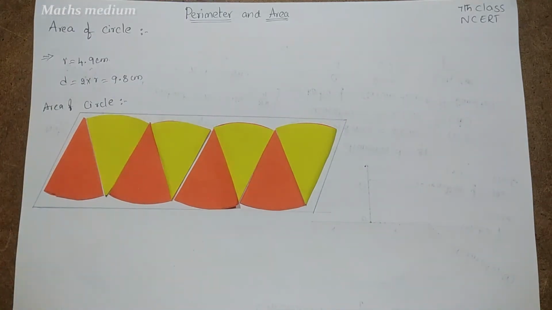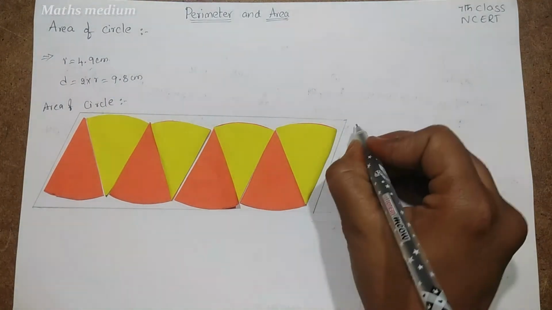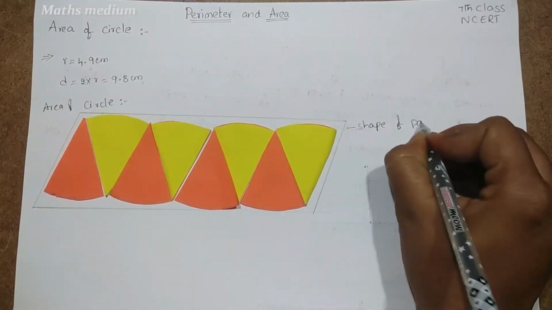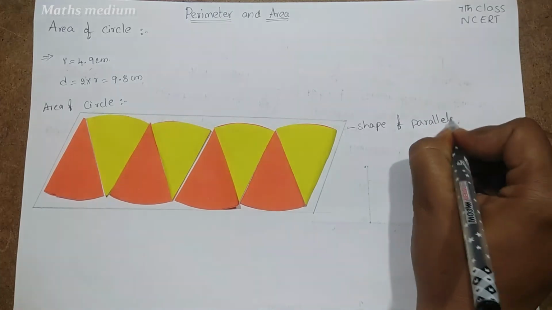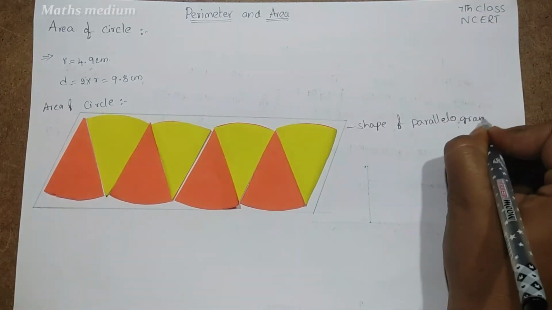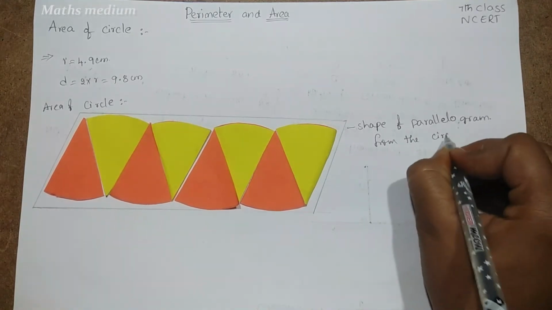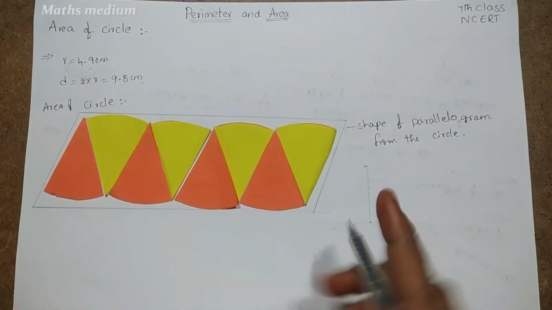See, this is the shape of a parallelogram, right? From the circle, right? So this is a parallelogram.